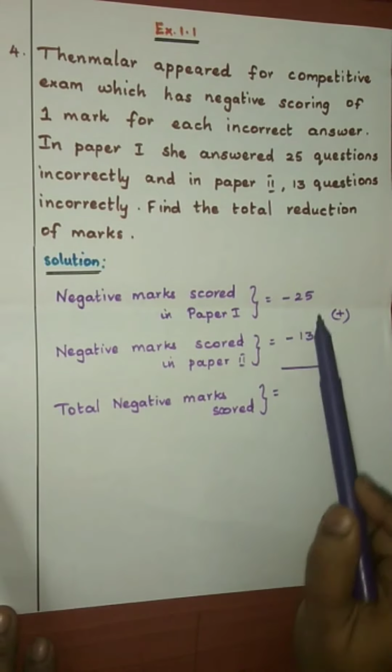Sixth problem. Are (11 plus 7) plus 10 and 11 plus (7 plus 10) equal? Mention the property. First let us solve these two and find out whether they are equal. First let us solve what is given inside the bracket. 11 plus 7, 18. 18 plus 10 is equal to 28.